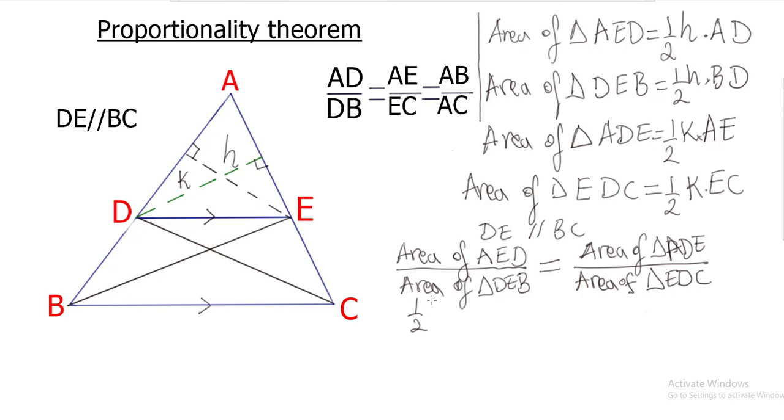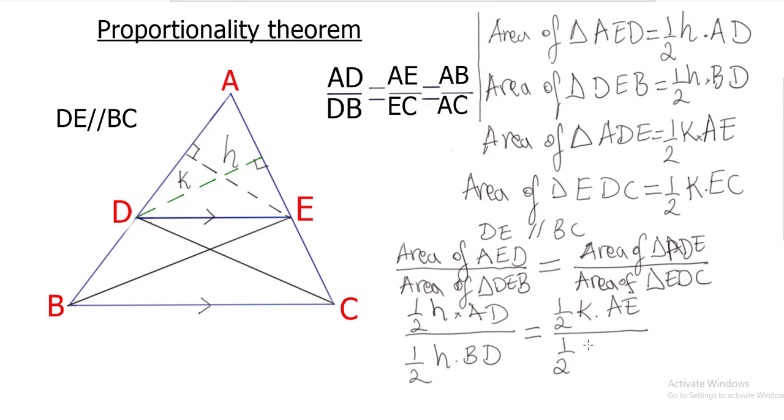It's 1/2 H, the height, multiplied by AD, divided by the area of triangle DEB, 1/2 H multiplied by DB. Then the area of ADE is 1/2 K multiplied by AE, over the area of EDC, which is 1/2 K multiplied by EC.